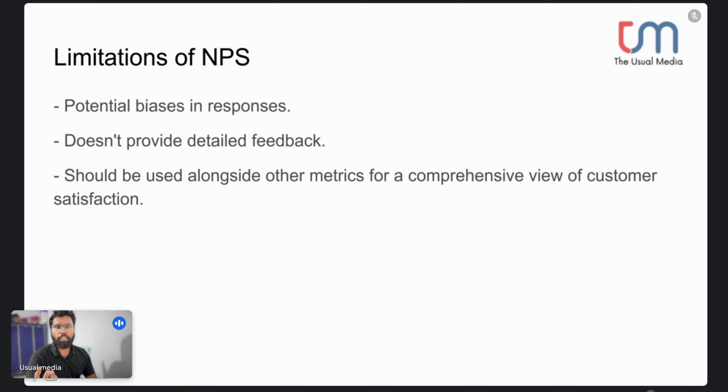It can happen that the customer is not satisfied with the product, but since he has to fill the feedback form, he might give you a 5-star rating or even a 10-star rating, or on a scale of 1 to 10, he might give you a rating of 10. And sometimes the customer might like your product, but randomly click some ratings. All those things can happen. So there is some bias.